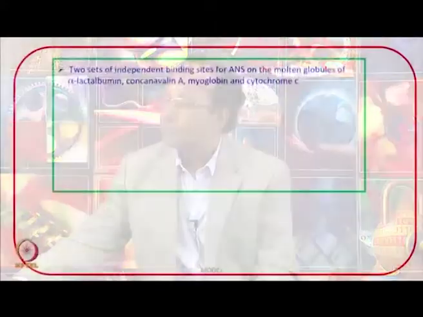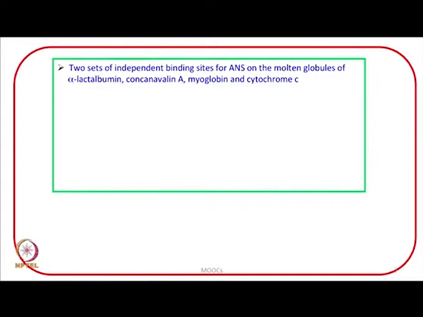Let us see what more conclusions can be drawn from these type of experiments. One conclusion which comes from this experiment is that there are two sets of independent binding sites for ANS on molten globules of alpha-lactalbumin, concanavalin A, myoglobin and cytochrome C. This comment is based upon the experiments of ANS with the molten globule states of a variety of proteins.